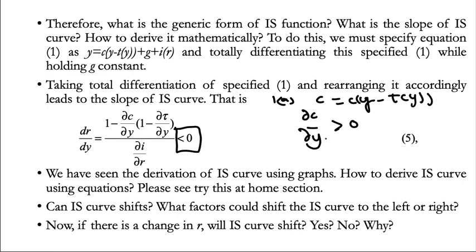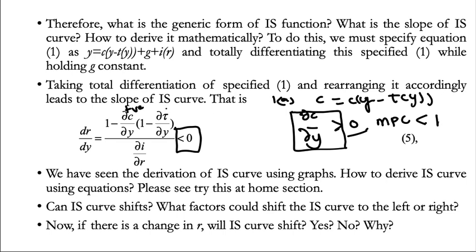If there is an increase in income, consumption will increase, isn't it? So we know that this one is positive, by virtue of this. And this is basically MPC, remember? And MPC is less than 1.